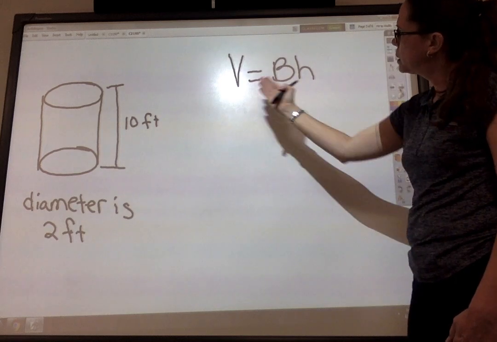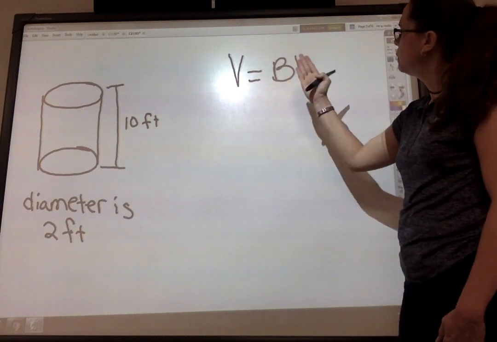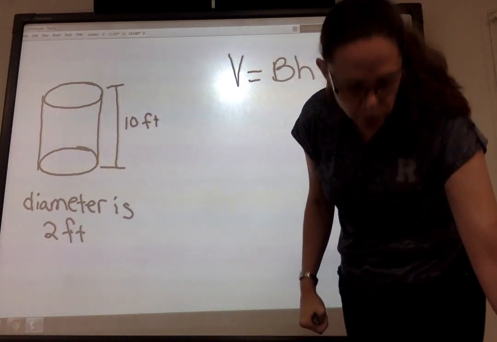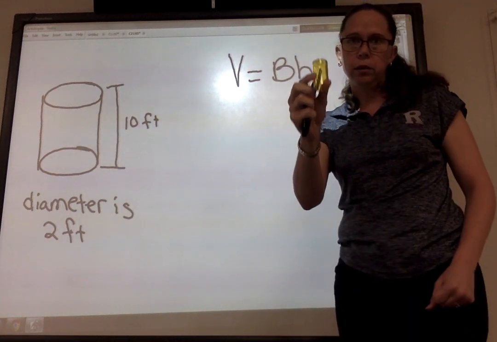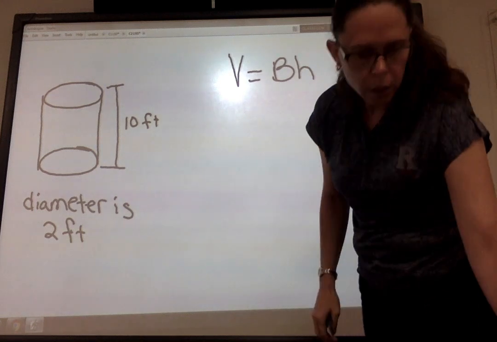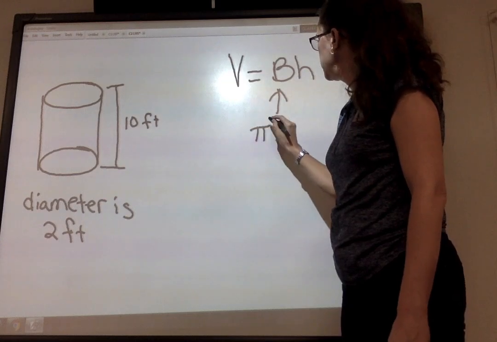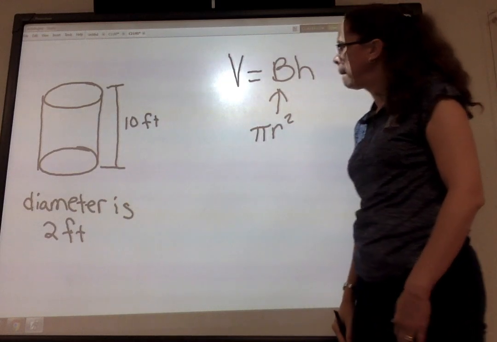I'm still trying to find volume. So I've got to find the area of the base times the height. Well, most of us know that the base of a cylinder is a circle, okay? So to find the area of the base, my formula is pi r squared.